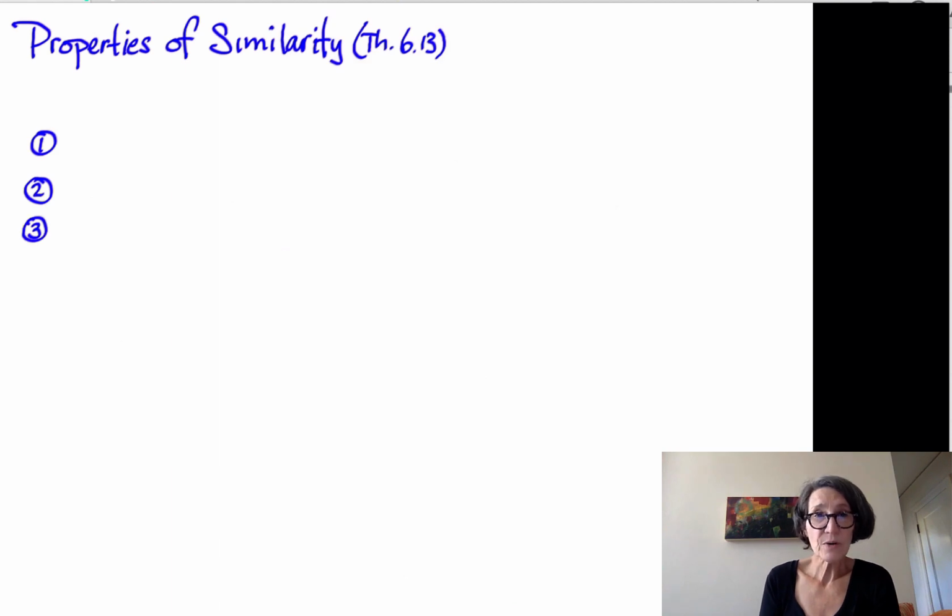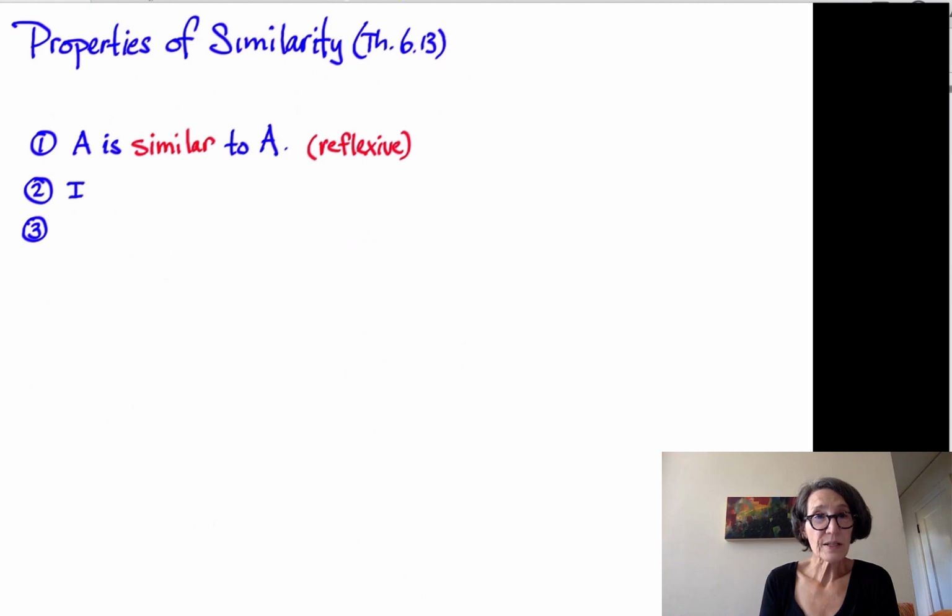So the first property says that any square matrix A is similar to itself, because you can always find an invertible matrix P such that A is equal to P inverse AP. The identity matrix is an invertible matrix that'll work. And that property is called reflexivity, or the reflexive property.